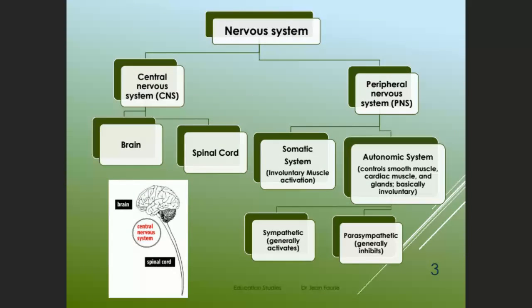The central nervous system consists of the brain and the spinal cord. The peripheral nervous system consists of the somatic system and the autonomic system. We're going to have a look in a little bit more detail at these two systems. The autonomic system is further broken down into the sympathetic and the parasympathetic systems.